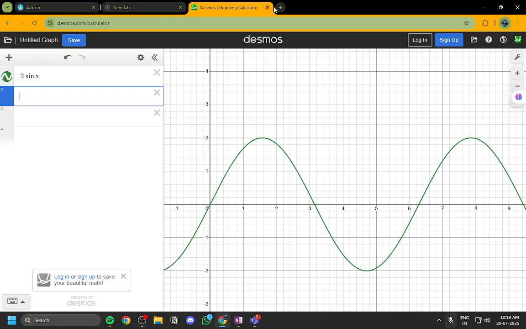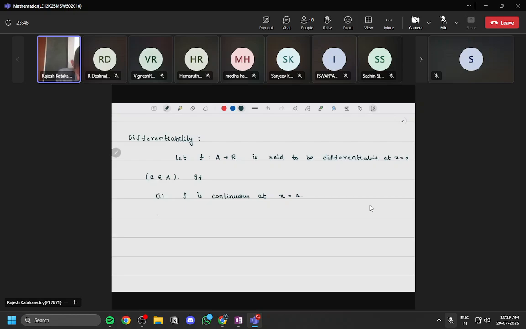Continuous implies maybe differentiable, not always. That is correct.